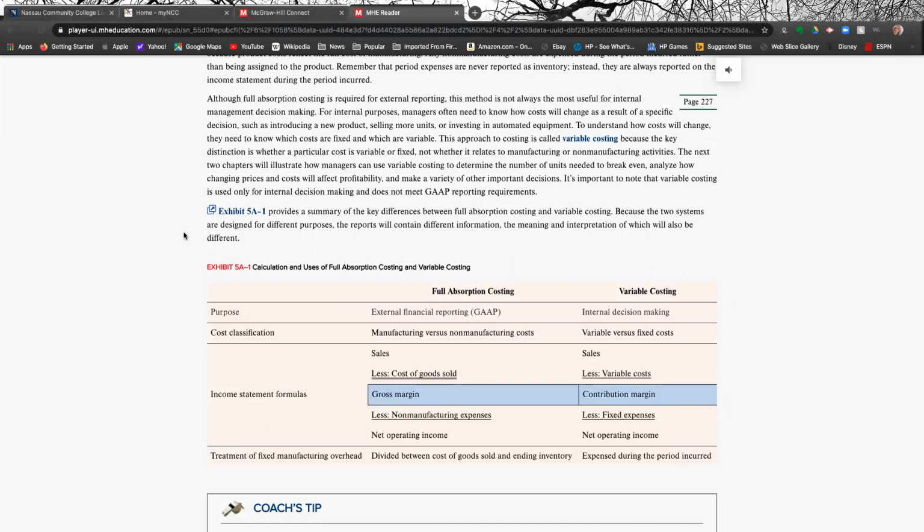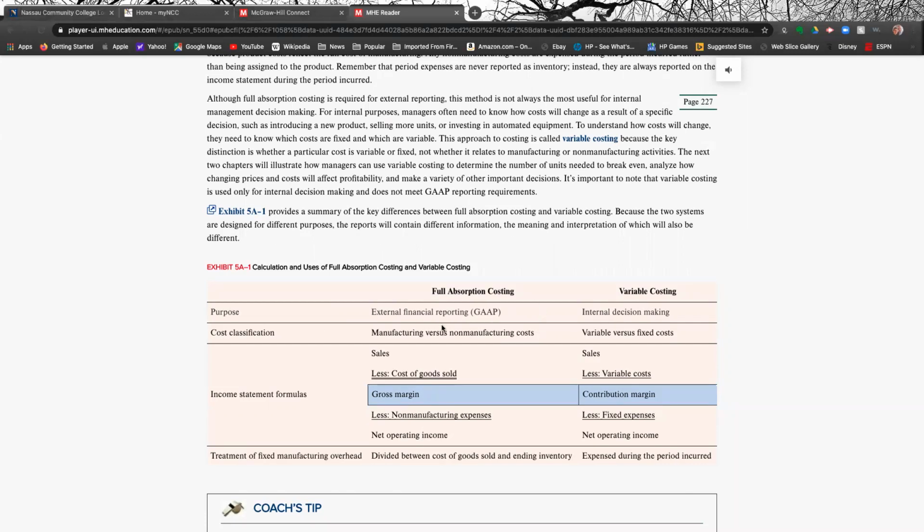Here it's showing you the differences, right? What I'll call the normal income statement and the new income statement, right? The normal income statement, we follow GAAP. Well, since this one is for internal decision making, we don't have to follow GAAP.